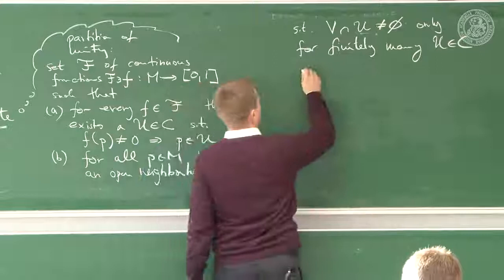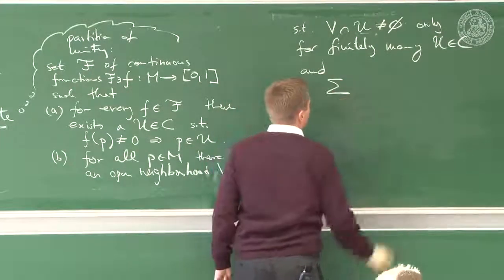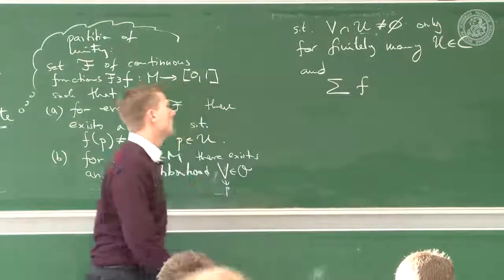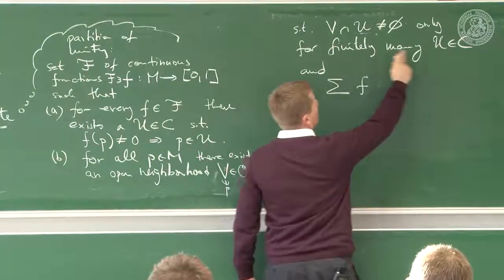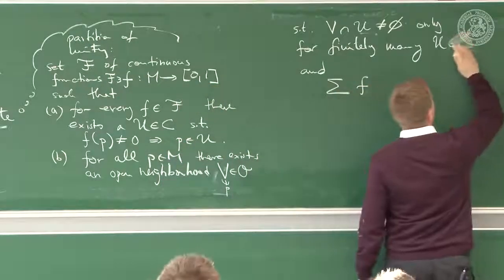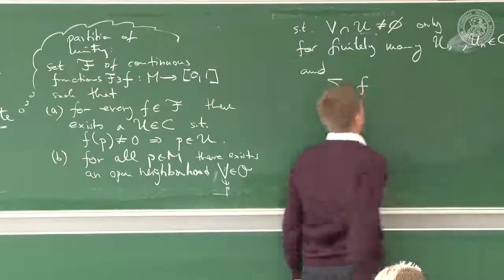And if that's the case, then we can look at the functions f for these finitely many U, so only for finitely many U1 to UN in the cover.